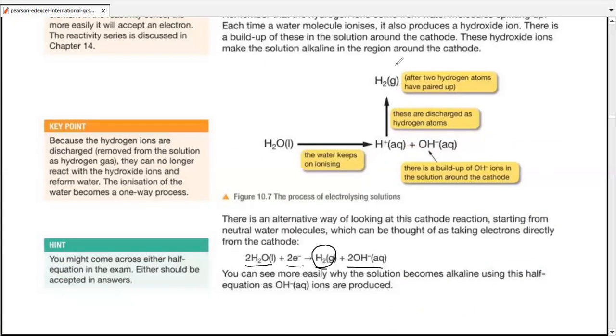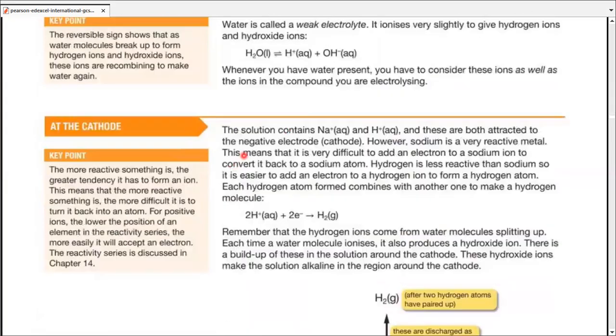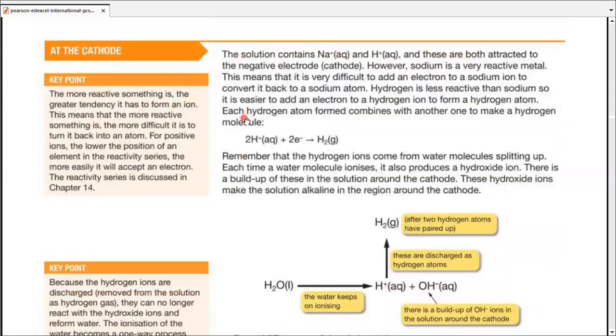So now, what we explain to our students is the same thing with many different methods. I'm going to go through these key points on the left to make sure that we explain every way possible. So the more reactive something is, the greater tendency it has to form an ion, which means the more reactive something is, the more difficult it is to turn it back into an atom.